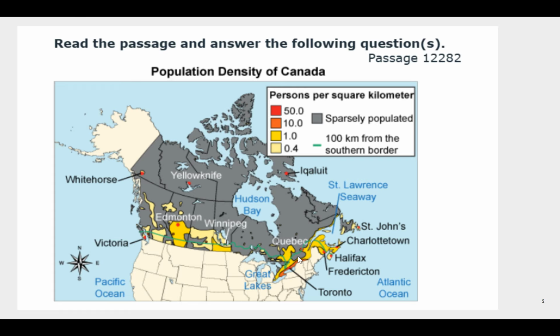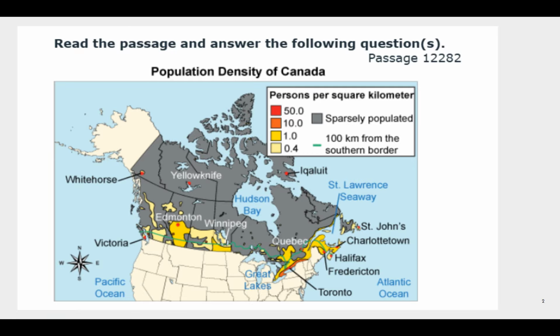So right here, there's a lot of red in the south. So we would think most people live in southern Canada because of climate. We would definitely say that because southern Canada is warmer than northern Canada, right? And also the fact that it is so close to the United States.